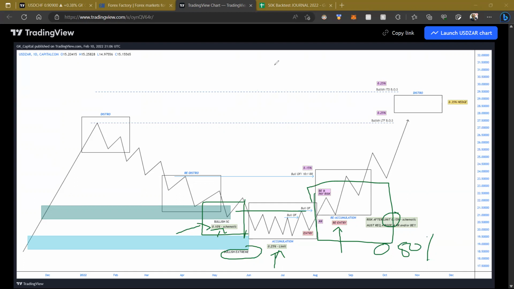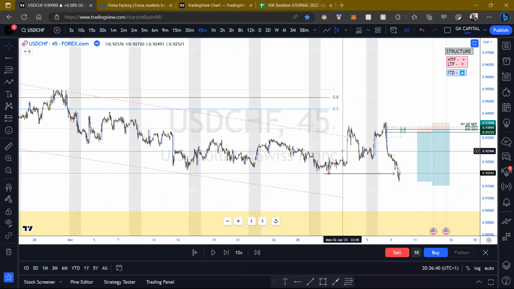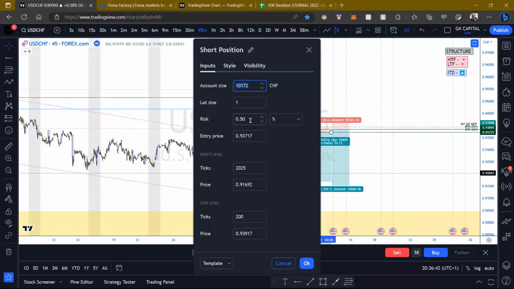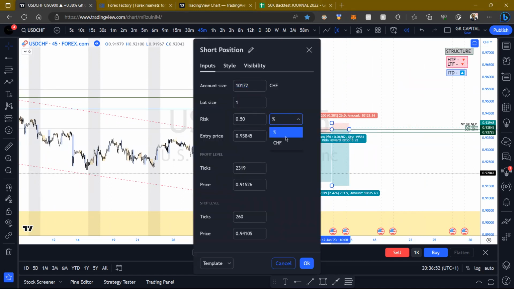So this is the same principle that I'm going to be doing with this trade. So we got first case. It's going to be 0.05%, and that one's going to be 0.05.